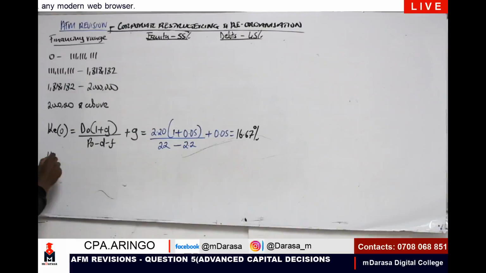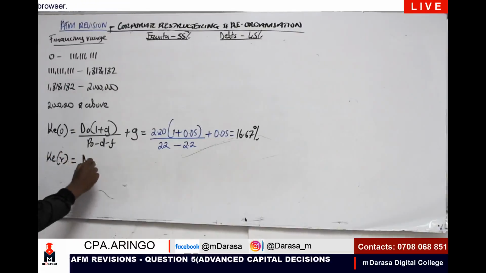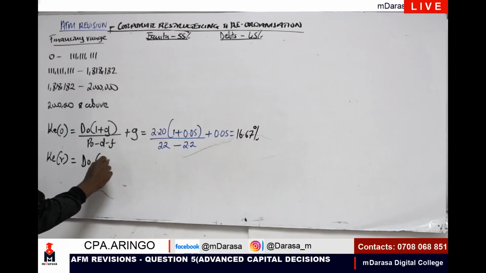What about my cost of equity, retained earnings? So D0 times (1 plus g) over P0, plus g. Because in this case we don't have flotation and discount on our retained earnings. So working it out, just a moment here.